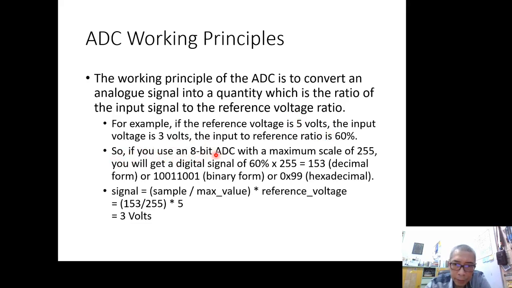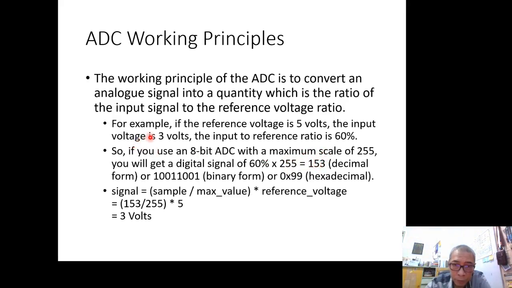If you use an 8-bit ADC with a maximum scale of 255, you will get a digital signal of 60% of 255, which is equal to 153 in decimal form, or 10011001 in binary form, or 0x99 in hexadecimal.